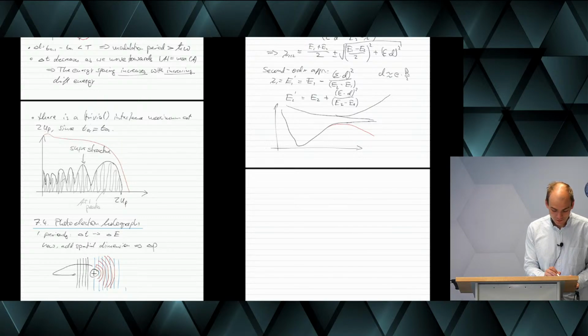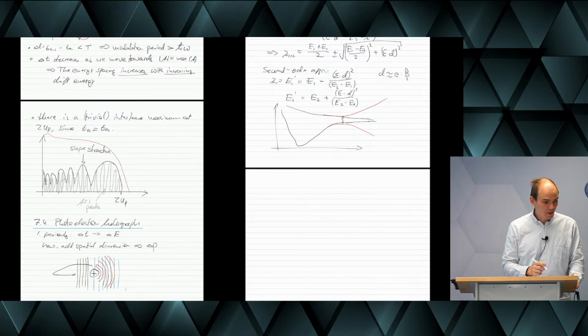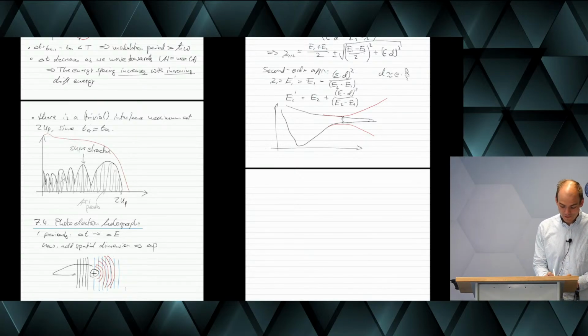So it somehow increases like this. This is now the field dressed state. And most importantly, there is now a gap between these two states that will open up. If I go to stronger fields, this looks something like this, and perhaps like that. And this gap in between the states opens up as we go to higher field strength.